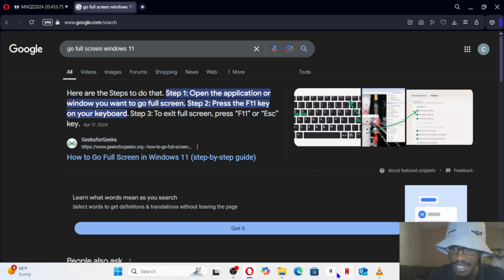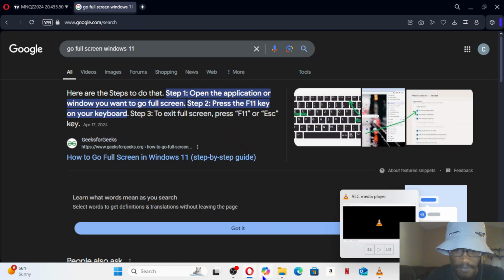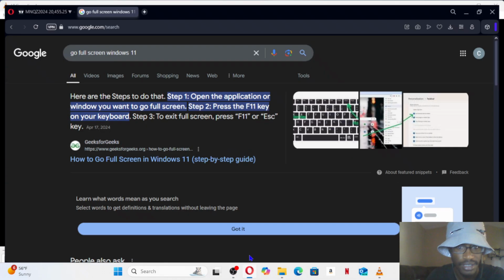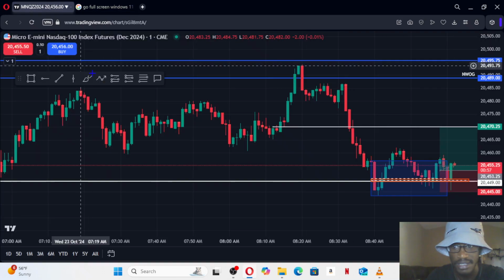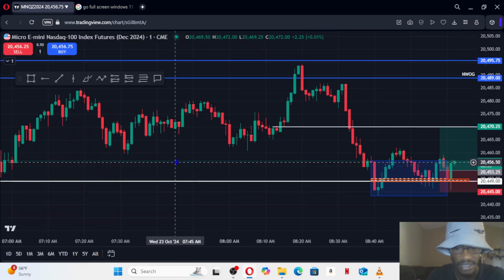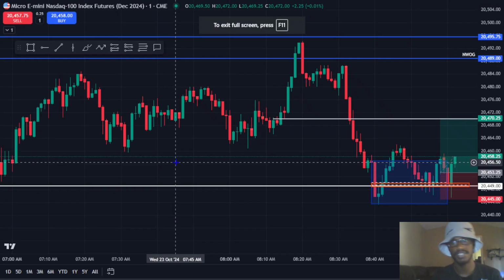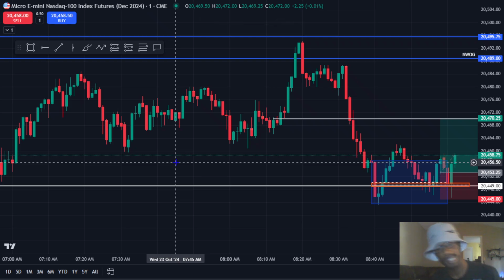I didn't have to press the function button. That's weird. So what the fuck is the point of it even existing? It's not even working. There you go. I had to spam it. I had to warm it up. Keep tapping that bitch.